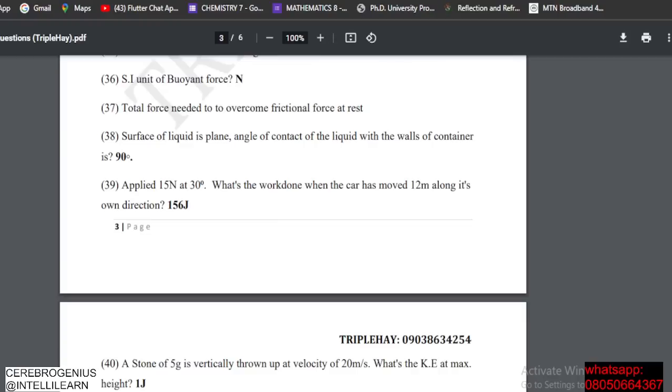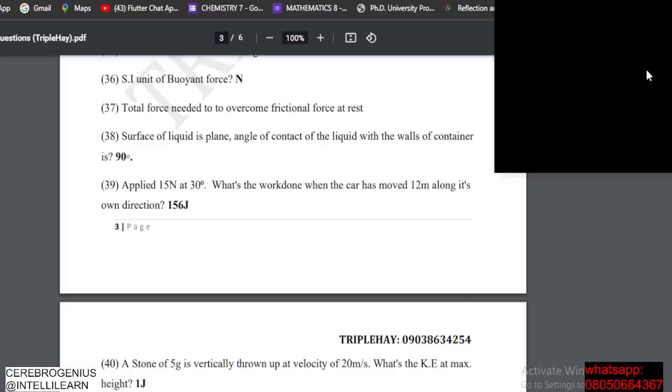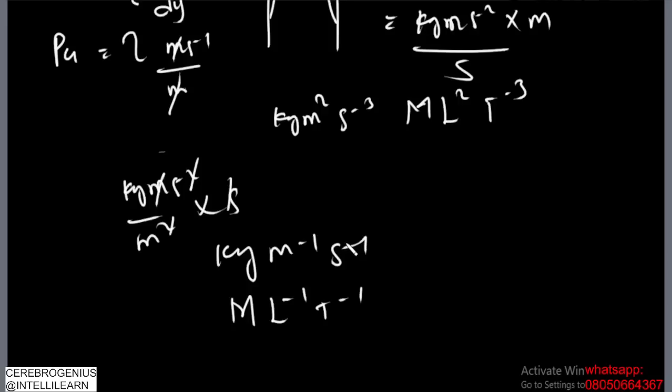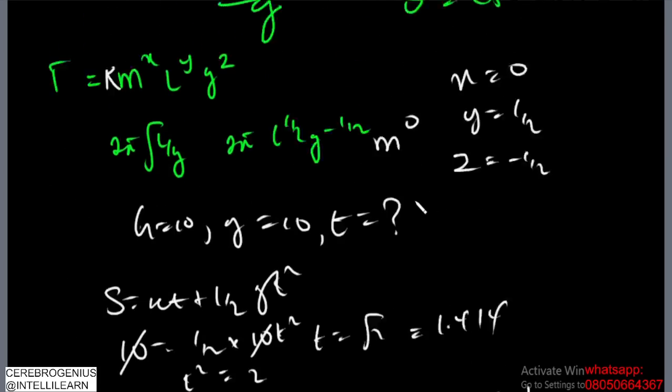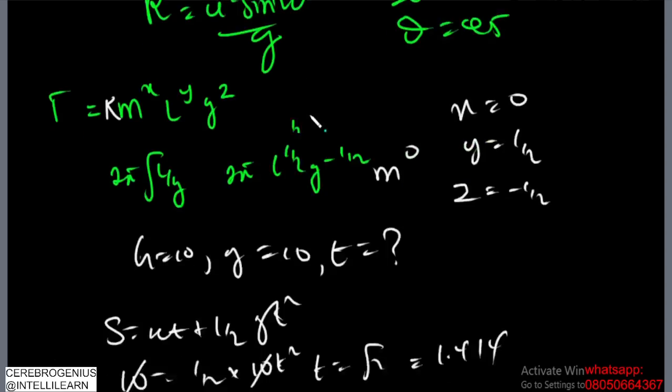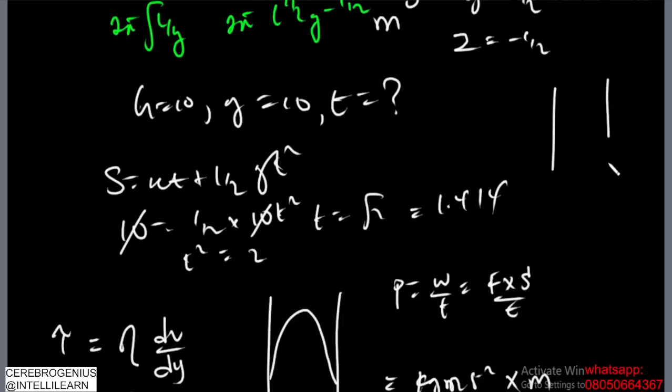So, surface of liquid is plane, angle of contact of the liquid with the walls of the container is 90 degrees. Somebody actually sent me this question, that if the surface of a liquid is flat, what's the angle of contact? Don't forget what we did. This is the angle of contact, right? So if the surface of the liquid is flat, then you have something like this.